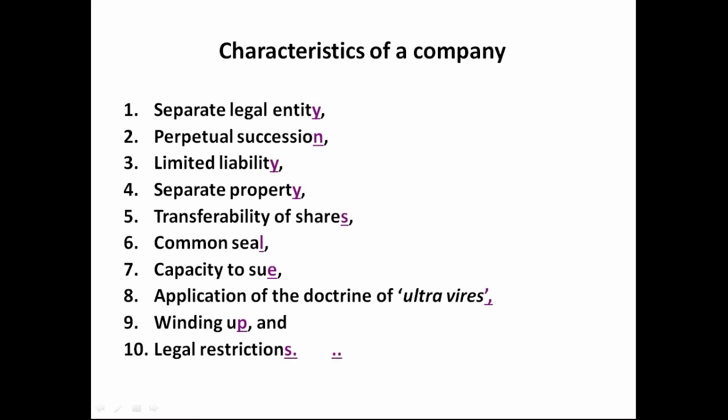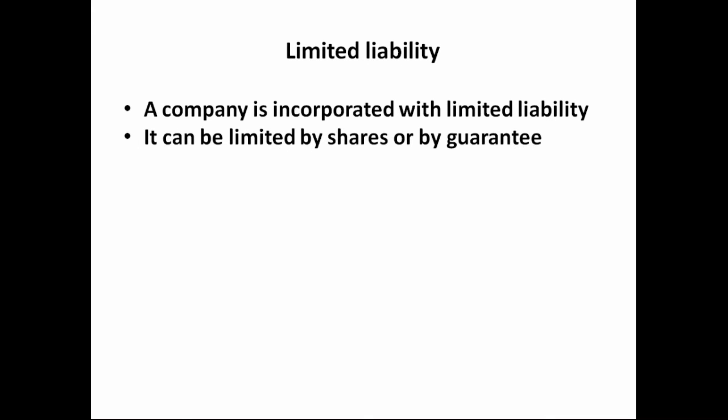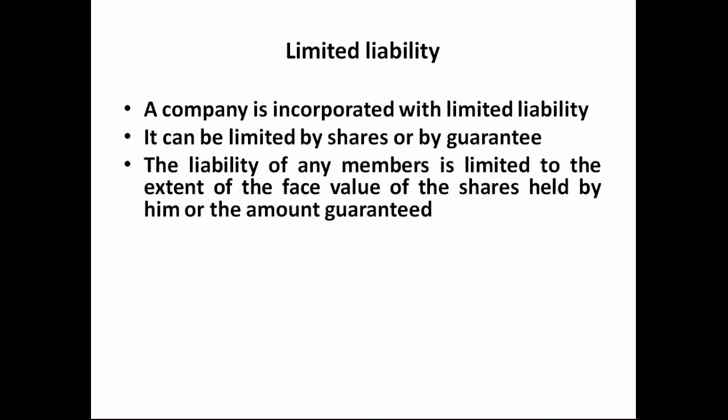Now, the next characteristic is limited liability. A company is incorporated with limited liability, and in fact, it is the beauty of becoming a member of a company, because a member will have limited liability, and this liability will be limited either by shares or by guarantee. The liability of any member will be limited to the extent of the face value of shares.